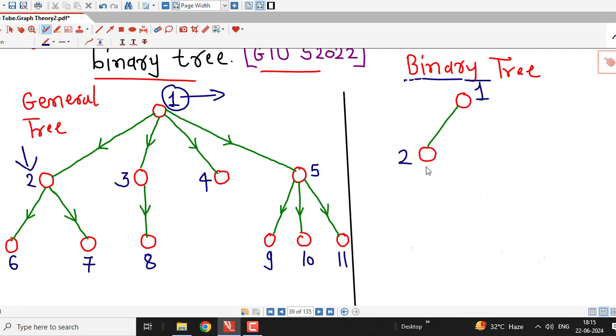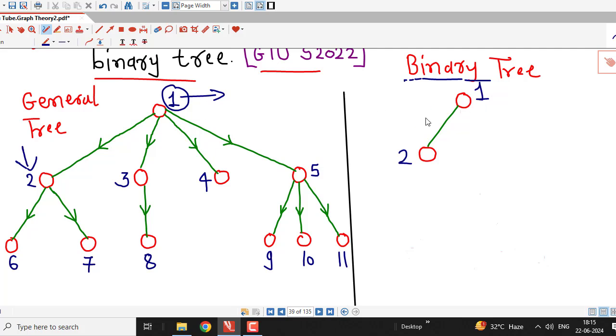Now we come to 2. The same pattern we will follow: the left child of a vertex in a binary tree is the leftmost child of the vertex in the general tree, and the right child of a vertex in a binary tree is the right sibling of the vertex in the general tree.